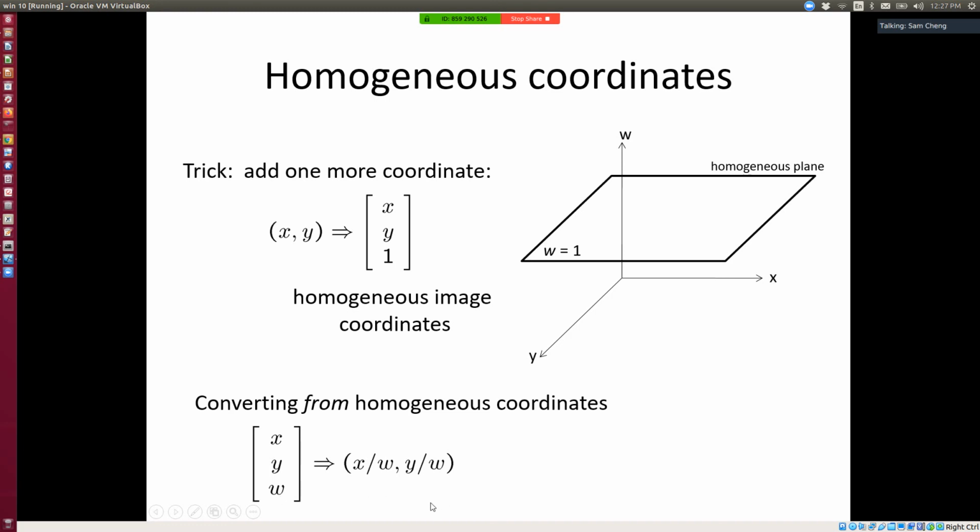You can think of x, y, w as some point in three-dimensional space, and then you project that point to a virtual plane at w equal to 1 away from your camera.